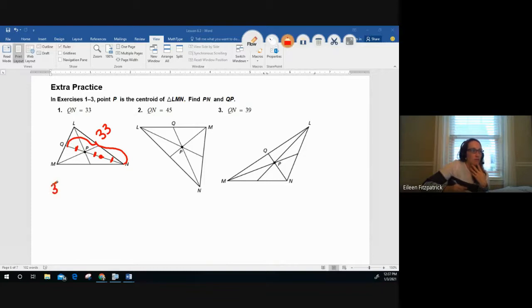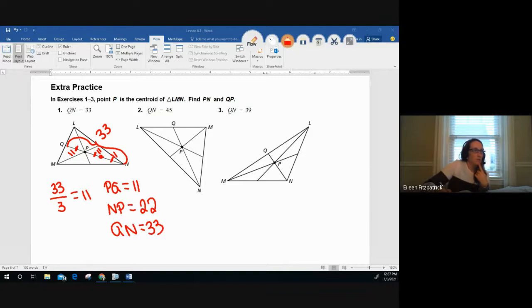Take 33, divide by 3, you get 11. That means that each of these little segments is 11, 11, and 11. So now I know that P to Q is 11. N to P, from here to the centroid, is 22. And the entire thing was given as 33.